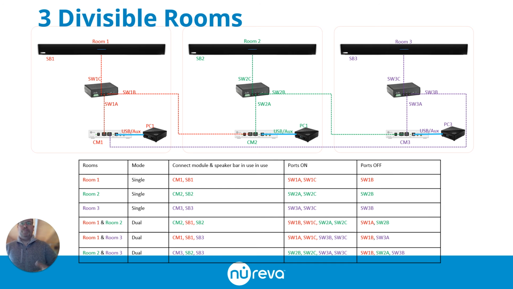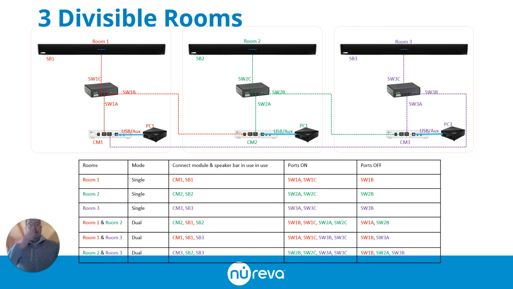So we can have all of them working independently, as we can see here, and then we can have rooms 1 and 2 operational. We can have rooms 1 and 3 operational. So you'd open up the entire space, and then you can have room 2 and room 3 working as a single solution.